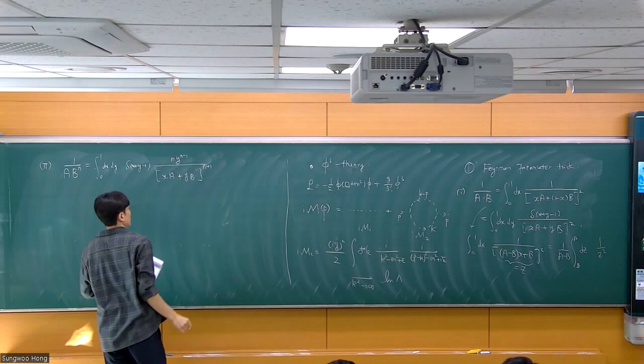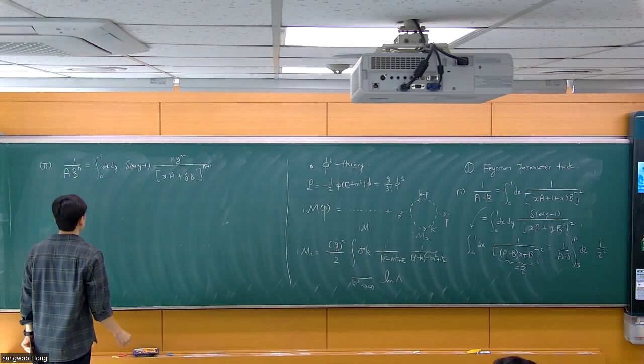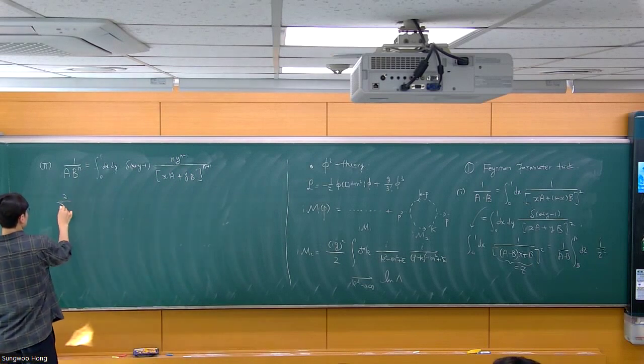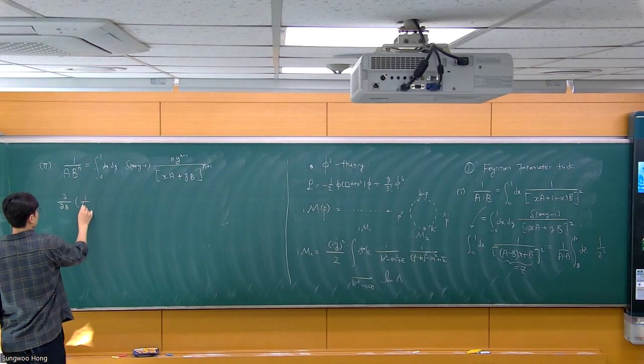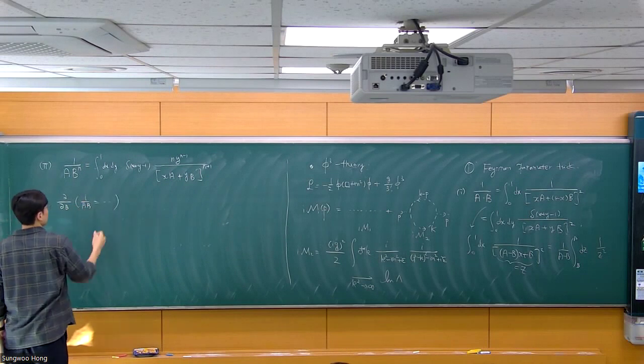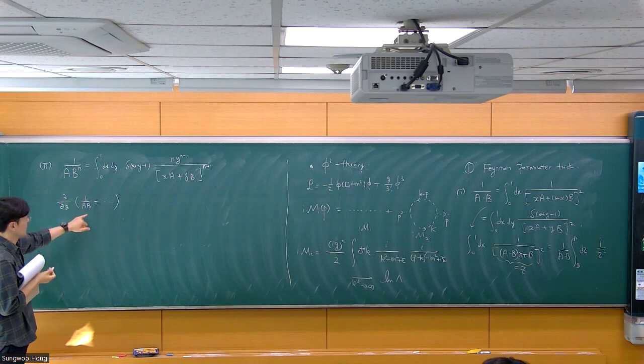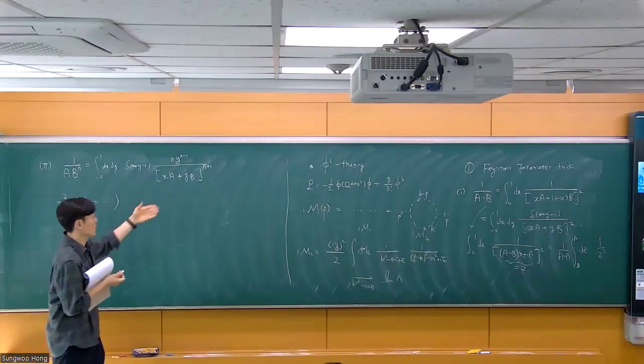That's a little more complicated looking. But basically what you have to do is take the derivative with respect to b of 1 over a times b. You keep generating higher powers in b. Eventually you should get this.